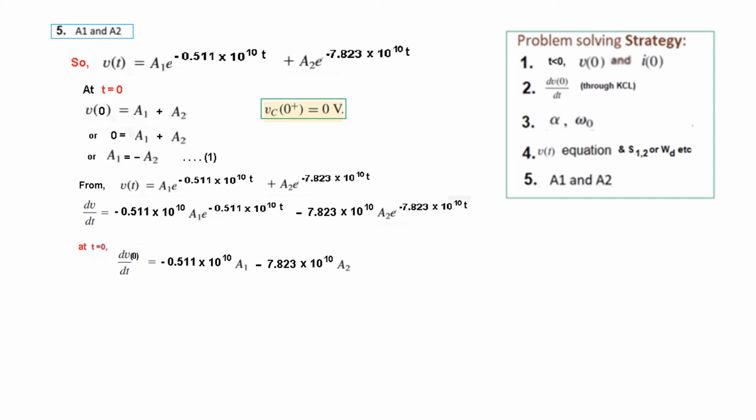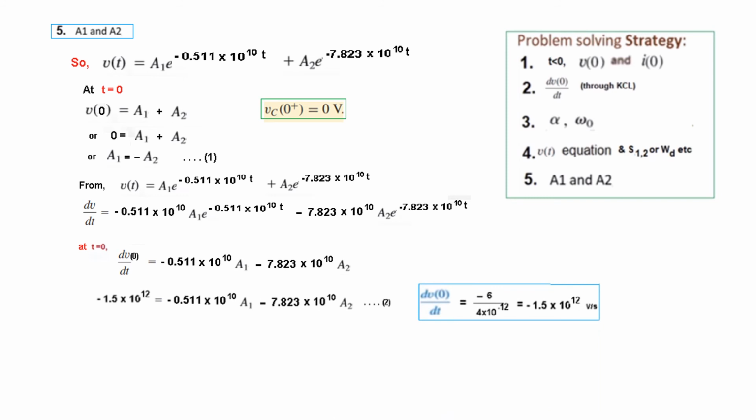So this term times alpha minus second term times alpha A2. And now we will use this value that we had calculated earlier. If you recall, this was the value we had calculated earlier, dV0/dt. So we'll plug in that value here. So this is our second equation.